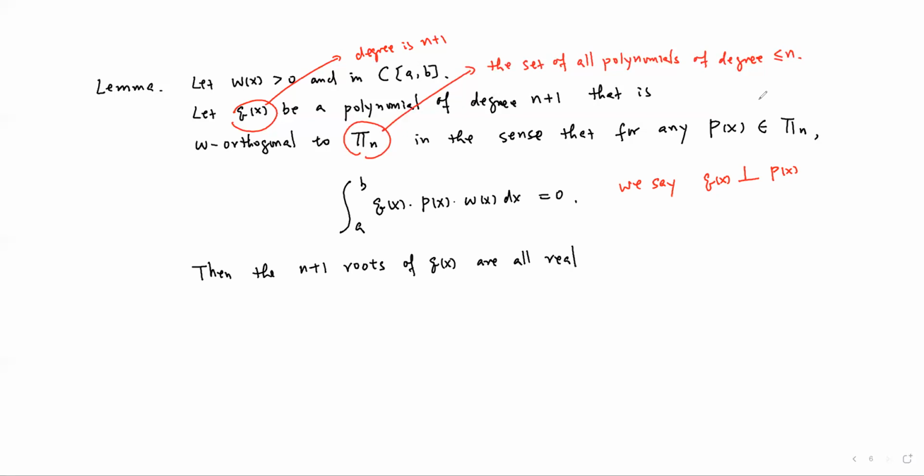Say for example, x squared plus 1, whose roots are complex numbers.